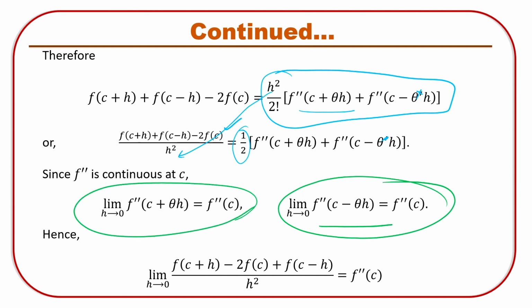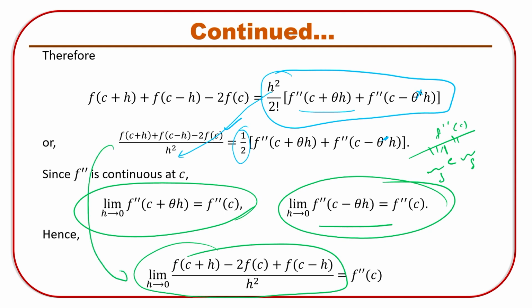Because f double dash is continuous in an open delta neighborhood of C, so in a limiting sense these are equal to f double dash of c. So, the limit of the left hand side, f(c plus h) plus f(c minus h) minus 2 f(c), divided by h square, is equal to f double dash of c, the right hand side.